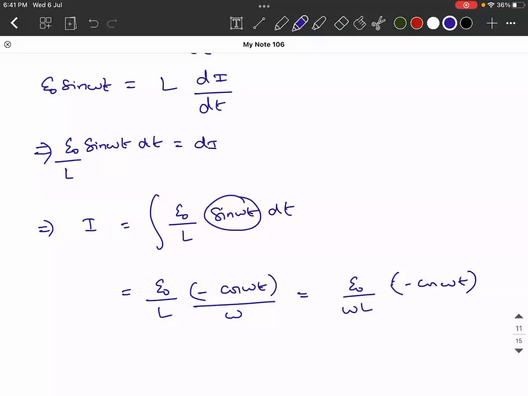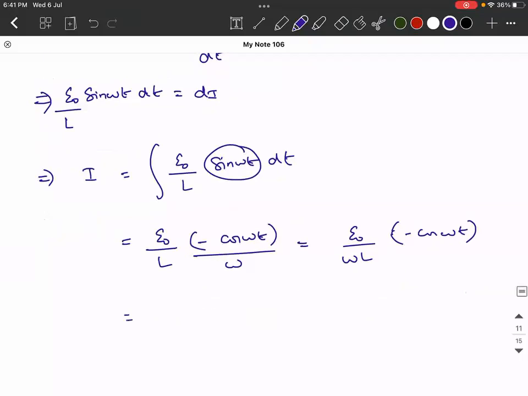Is that right? Can I write this as E naught divided by omega L into minus of sine of pi by 2 minus omega t? But I have a minus sign also, so I'm going to do something with it.